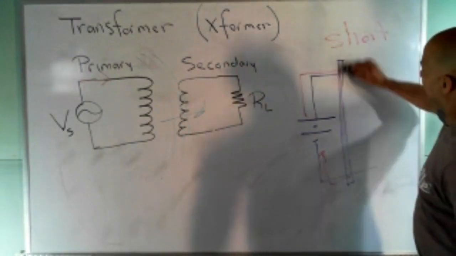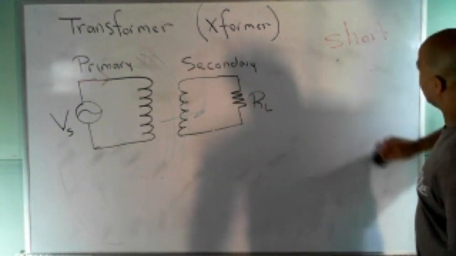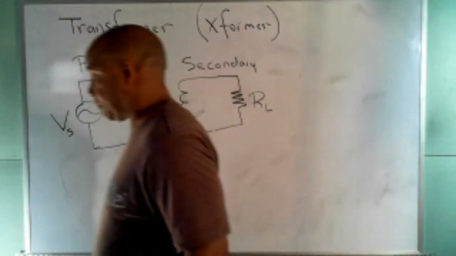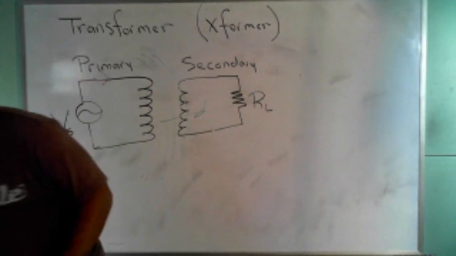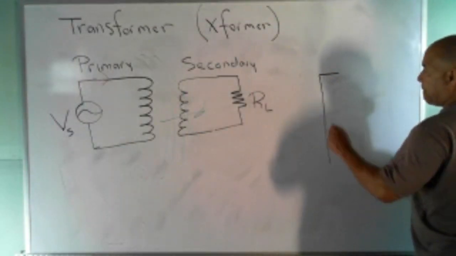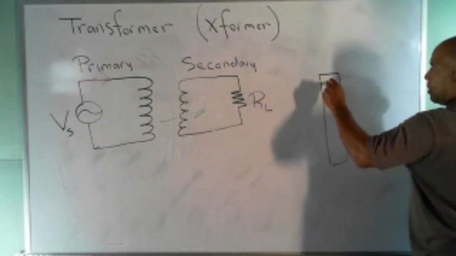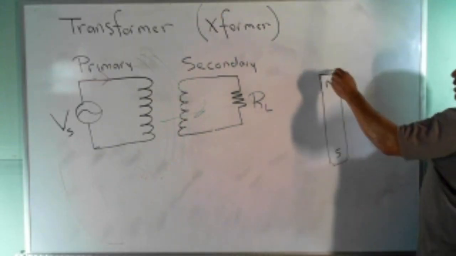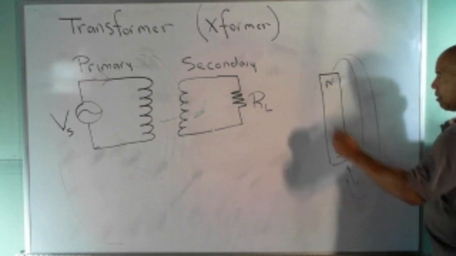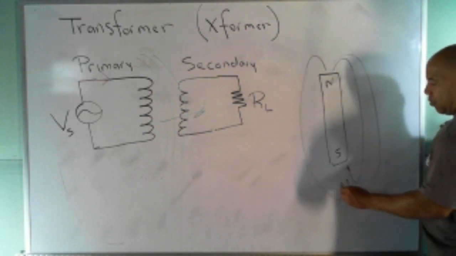If I take a magnetic field from a bar magnet, here's my bar magnet, and we know the flux will do this, right? Just kind of going through the air.